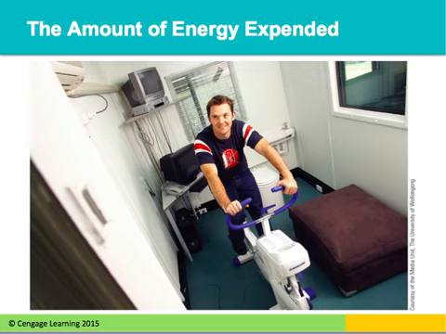In addition, the consumption of oxygen and the production of carbon dioxide can be measured for it to be indirect calorimetry. Again, this is mostly in a laboratory or research setting. It's very hard and expensive and rare that we find direct calorimetry as a method used.